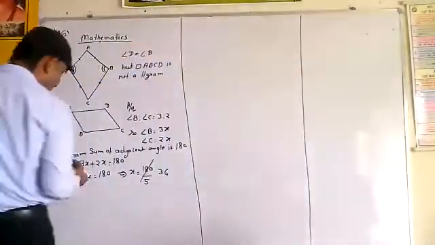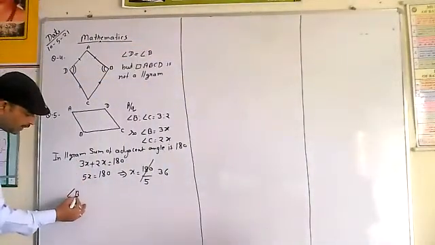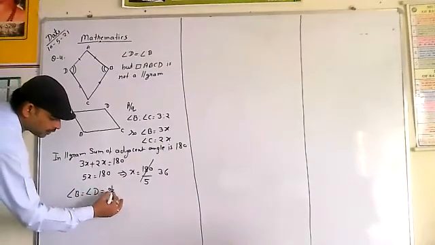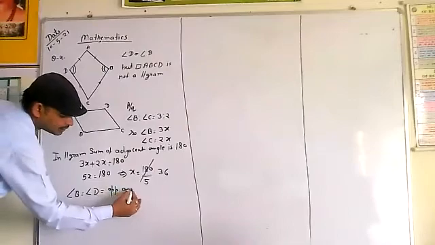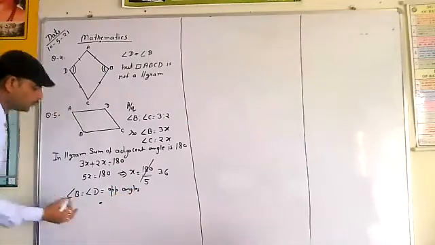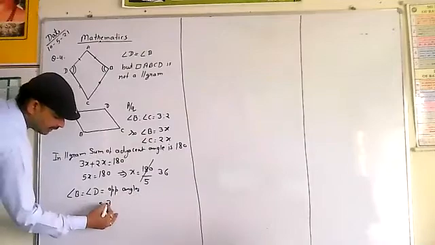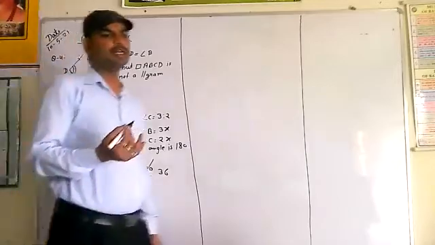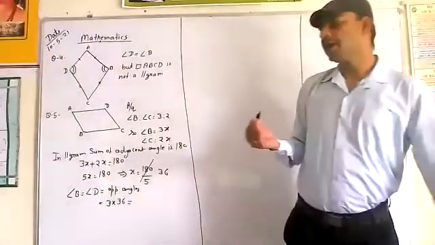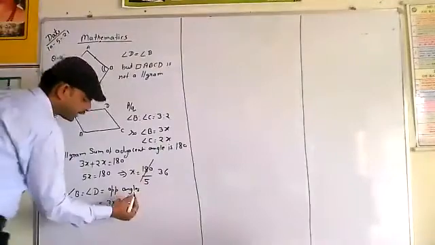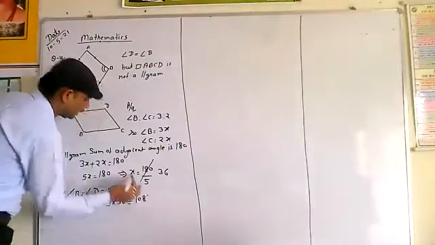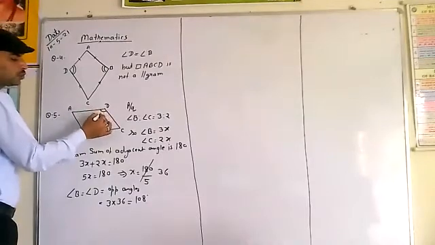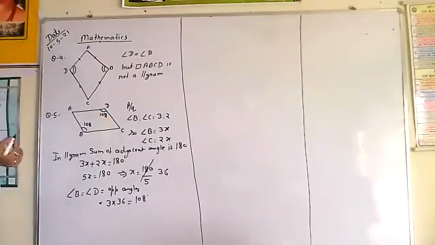So angle B is equal to angle D, the opposite angles. B was 3x, so 3 into 36 is equal to 108 degrees. Angle B is 108 degrees and angle D is also 108 degrees.